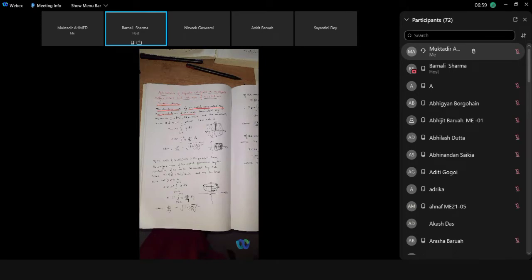The surface area of the solid generated by the revolution of the area bounded by the curve y equal to f of x, comma, the x-axis and the ordinates x equal to a and x equal to b, about the x-axis.